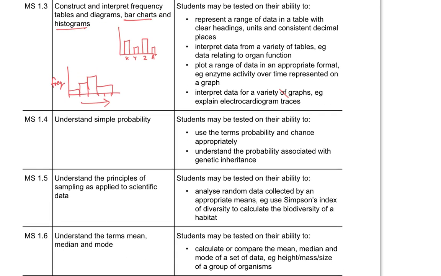Again, that's interesting. Interpret data from a variety of graphs, e.g., explain electrocardiogram traces. Again, they can give you absolutely anything, and they will do. If you're given an unusual graph, and most of them are unusual, I literally run my finger over the x-axis so that I read it.